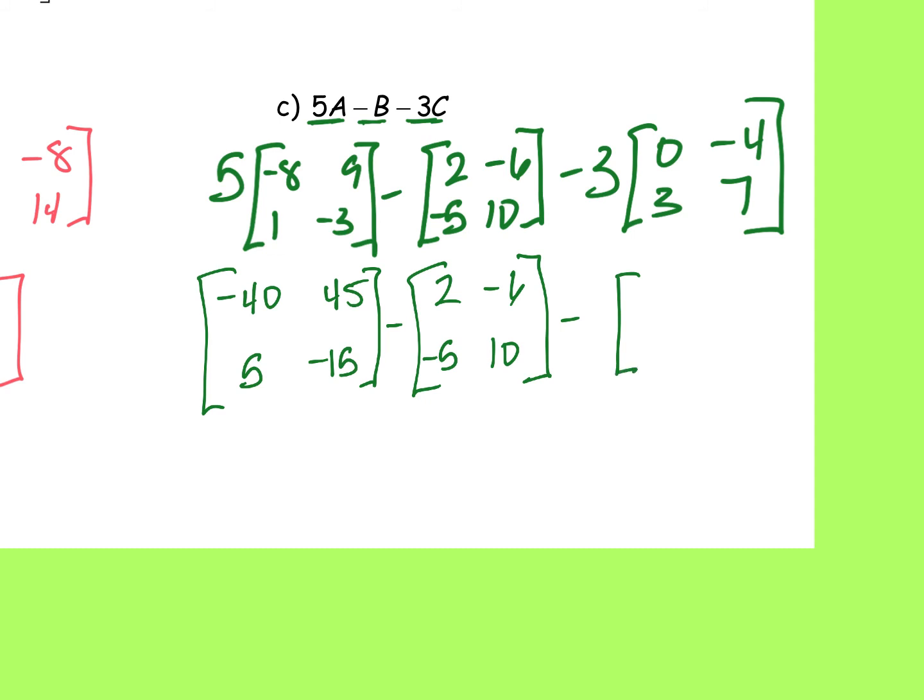And, well, if I multiply by -3, I'm going to change this to a positive, I guess. So I'm going to take this, because this is plus, here, let me rewrite this a different way. If I put this in parentheses, I could put plus a -3. That means I'm distributing the -3 through. So plus, that would be 0, 12, -9, and -21.